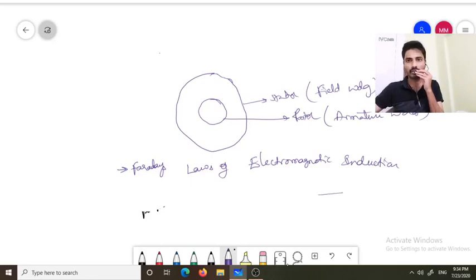Suppose you are taking two coils. These two coils do not have an electrical connection, but due to the current passing into this winding, flux will be produced around this coil. The coil which is adjacent to this coil is also getting flux due to this coil.